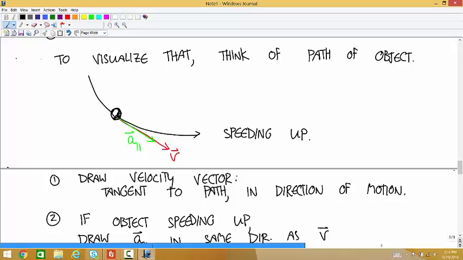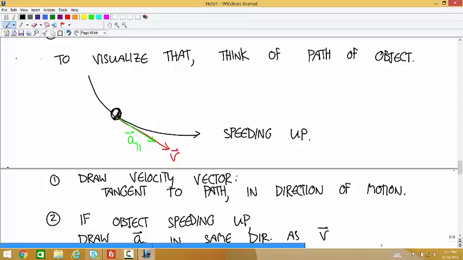So in this example, if you think of sitting on top of this, or you think of a driver sitting inside this ball, is that driver turning left or right to stay on that path? Left. And so A perpendicular is going to be pointed straight to the driver's left. Can you picture what I mean? Or anybody have any questions about that?